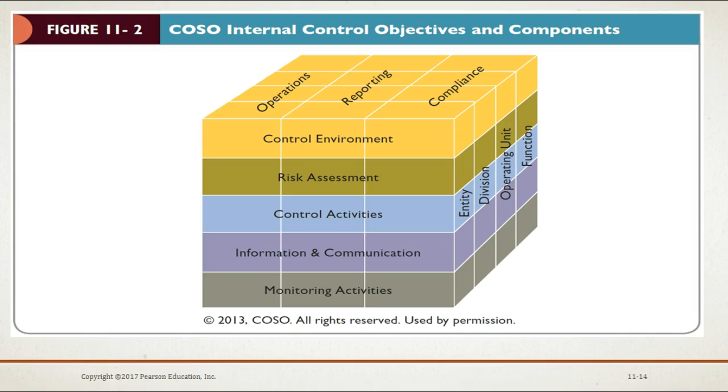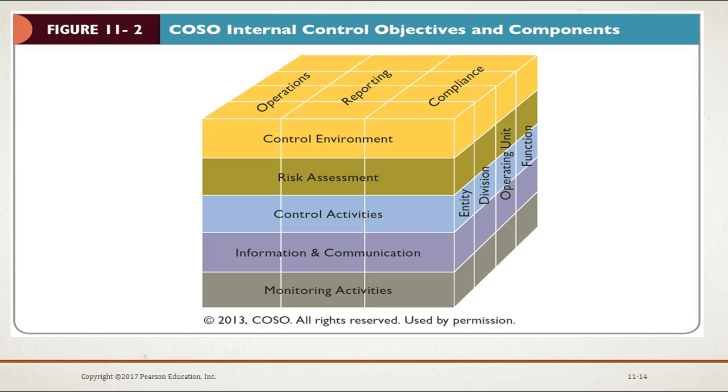Here, we have an illustration of how COSO represents the direct relationship between the 3 internal control objectives, which are operations, reporting, and compliance. The 5 components of internal control, which are control environment, risk assessment, control activities, information and communication, and monitoring activities.